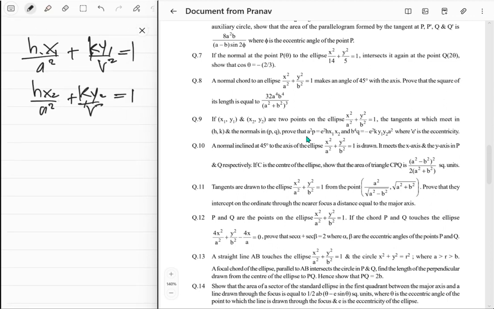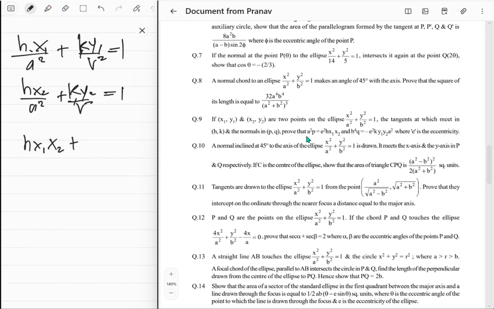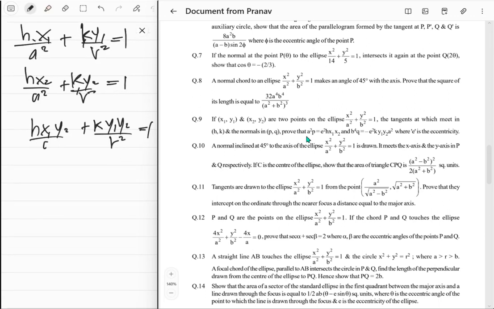Just multiply by x2 over here. It's supposed to be h x1 x2 plus that goes over here. It's like k y1. Oh, okay, we don't want to eliminate that. Instead, multiply by y2, other h x1 y2. But then it involves this y2 term that we don't want. Whatever. k y1 y2 over b square is equal to 1, and then same stuff over here, right?